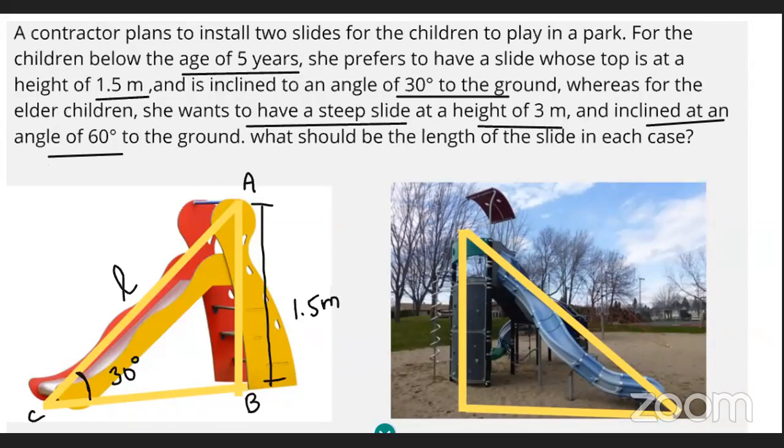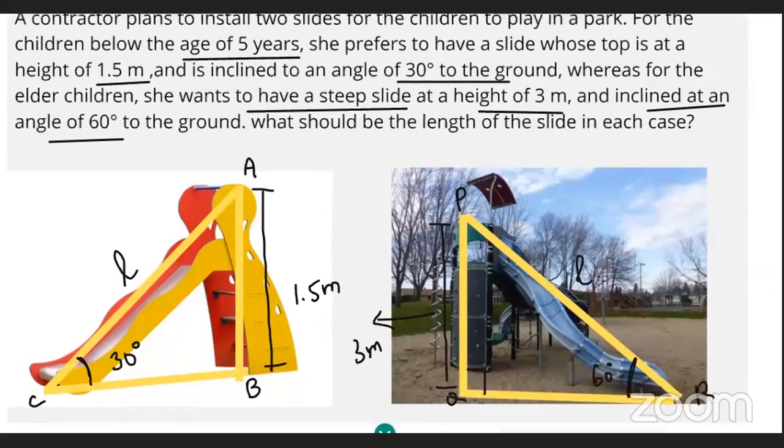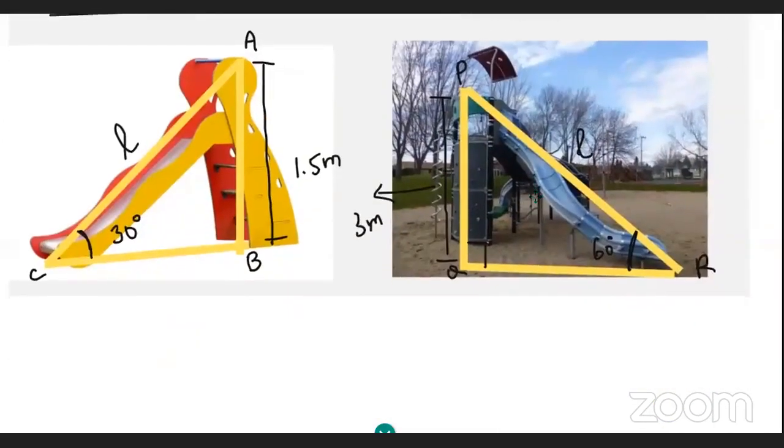So here this height that we have is 3 meters. Again, I need to find the L. Angle of elevation is 60. I'll wait for 2 minutes. You can draw the triangles. Let's label it as P, Q, R. I'll draw these 2 triangles again for you at the bottom, along with the picture.